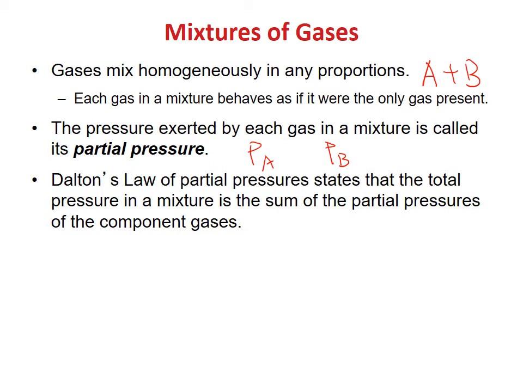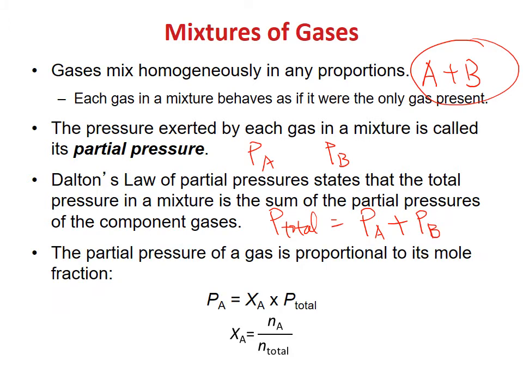Dalton's law of partial pressure states that the total pressure in a mixture is the sum of the partial pressures of component gases. So in this mixture, the total pressure is the sum of PA and PB.